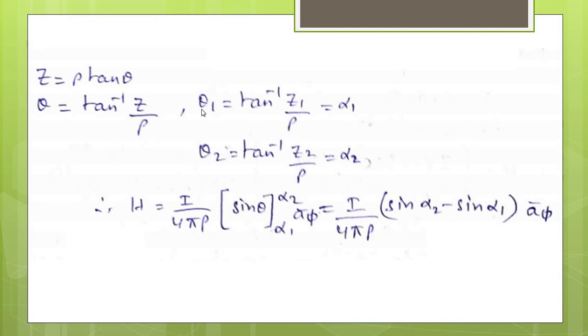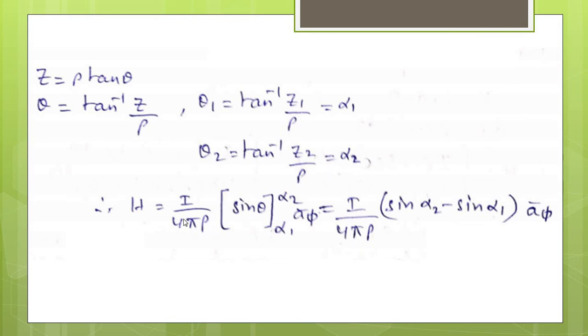So to find the lower limit theta 1, put z1 in place of z in this equation. So theta 1 is equal to tan inverse z1 by rho. We'll assume this as alpha 1. Next theta 2 is equal to tan inverse of z2 by rho. We'll take this as alpha 2.